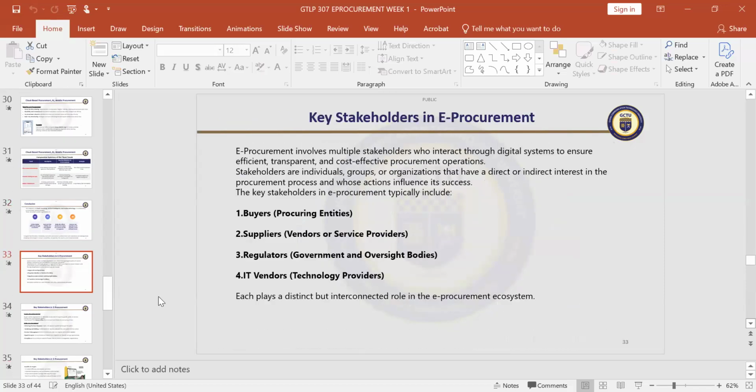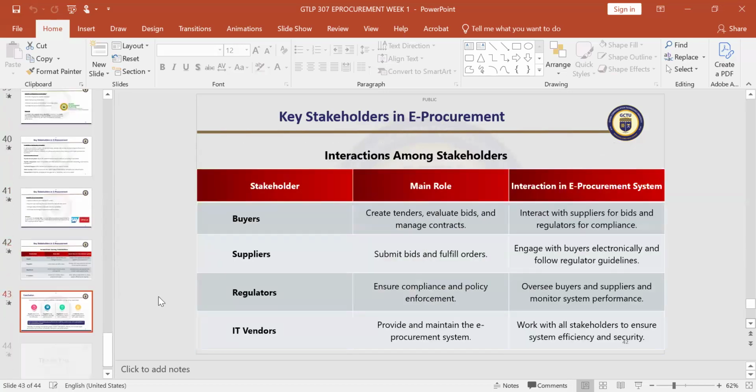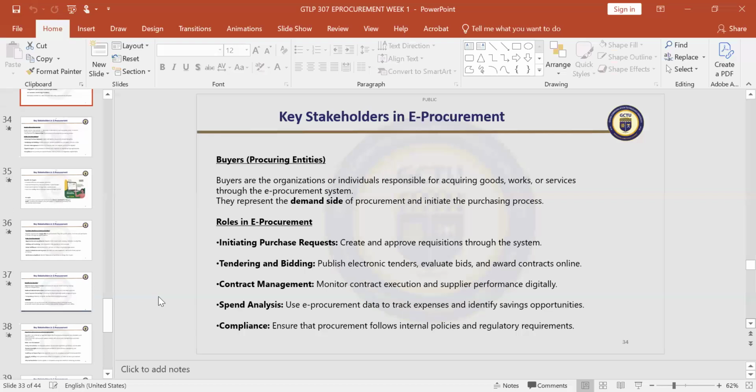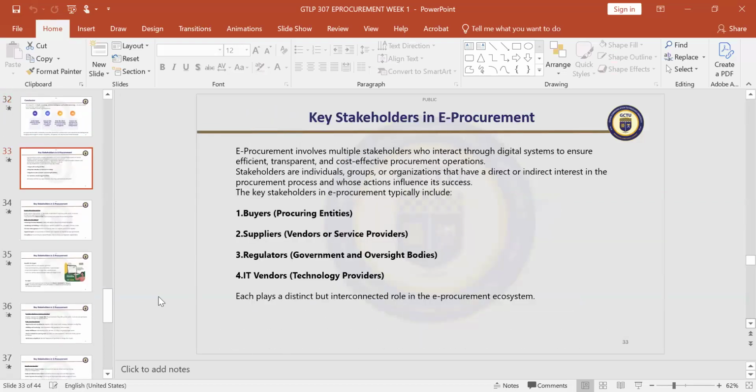So we will talk about key stakeholders, which are not much. Either you want me to rush you through for these 10 minutes so we finish and next week we start a new lecture, or we use the 10 minutes to have a discussion about what we've done so far, so we conclude on it next week.